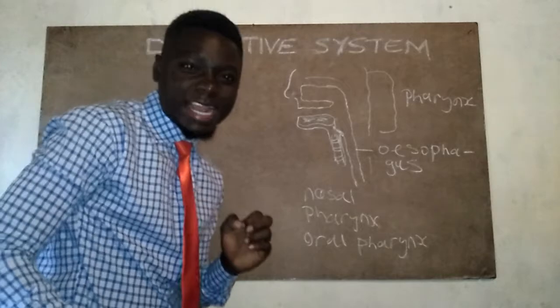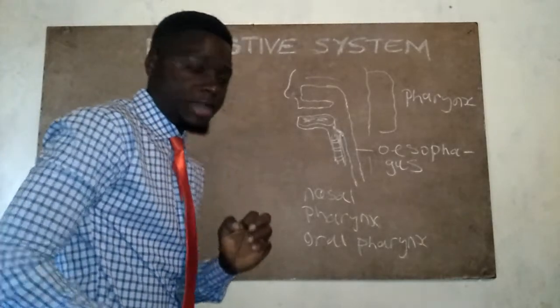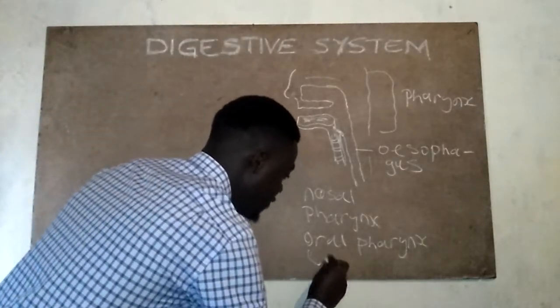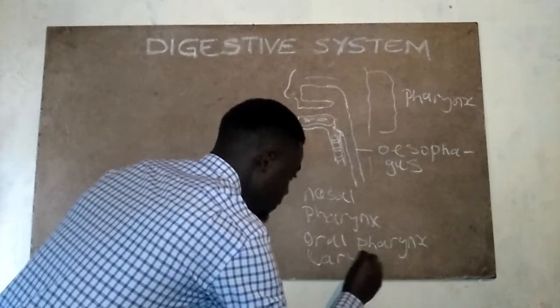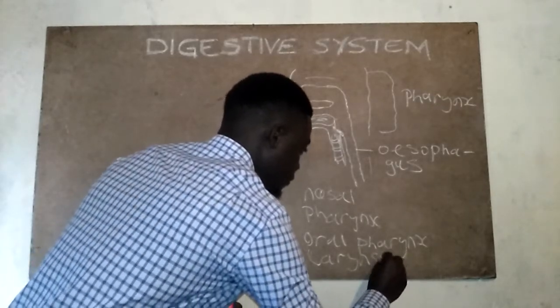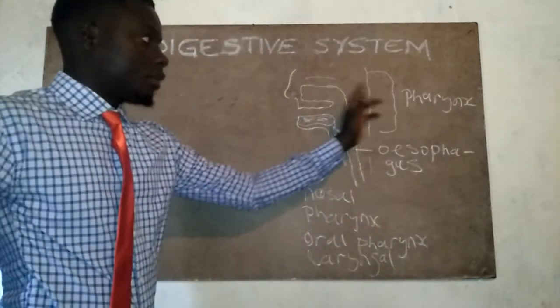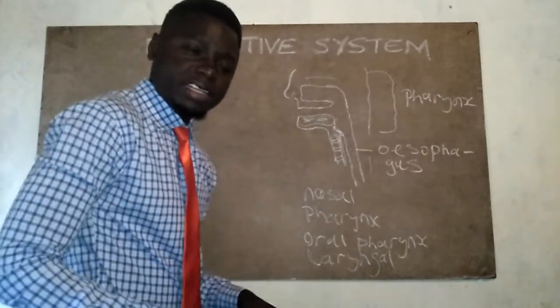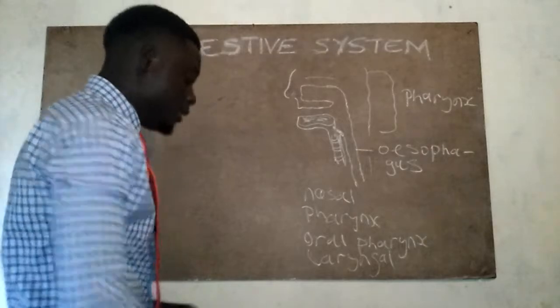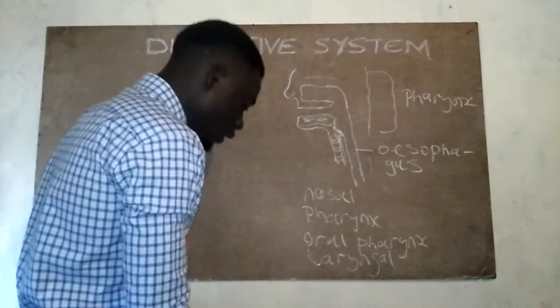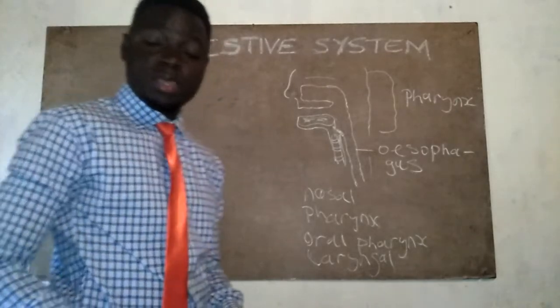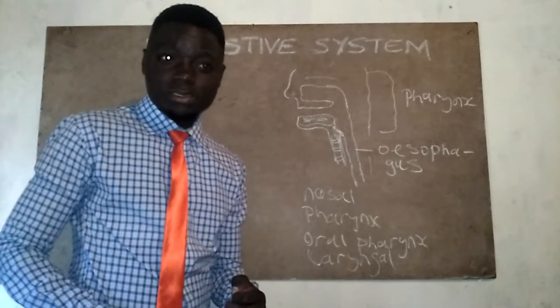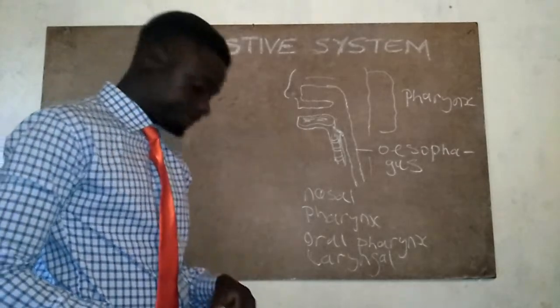At the level of the larynx, it's called the laryngopharynx. So here we have the laryngopharynx. Nasopharynx, oropharynx, and the laryngopharynx. But what happens is that there's going to be ingestion. Food is going to go in.